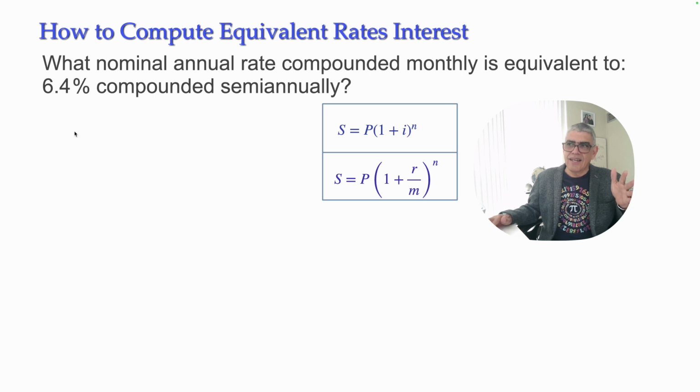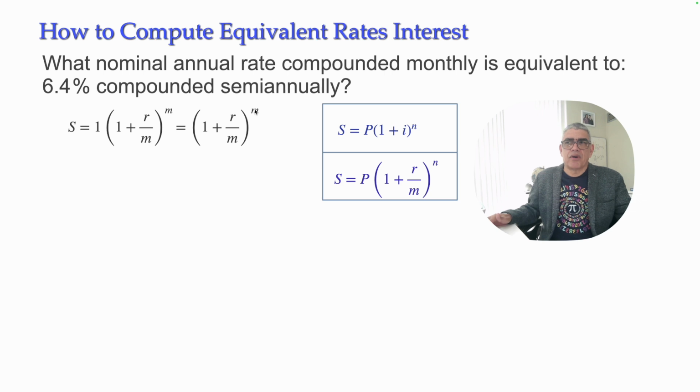Then the future value will be 1 multiplied by (1 + R/M). Obviously, in 1 year the number of periods is the same as the number of periods that the money compounds in 1 year, so this N will be the same as M. So this can be written (1 + R/N)^M.